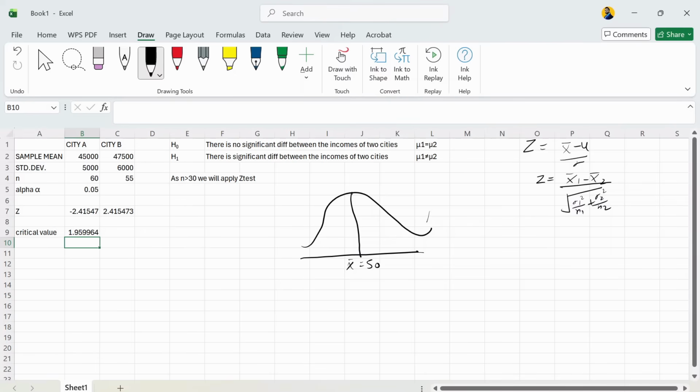This is your right tail, as it is on the right hand side, and this is known as your left tail, on your left side. You have drawn the number line in your very early classes, so you know that if it is 50, then it is 51, 52, 53, 54, 55, and so on. Similarly, on this side, it is 49, 48, 47, 46, 45, and so on.